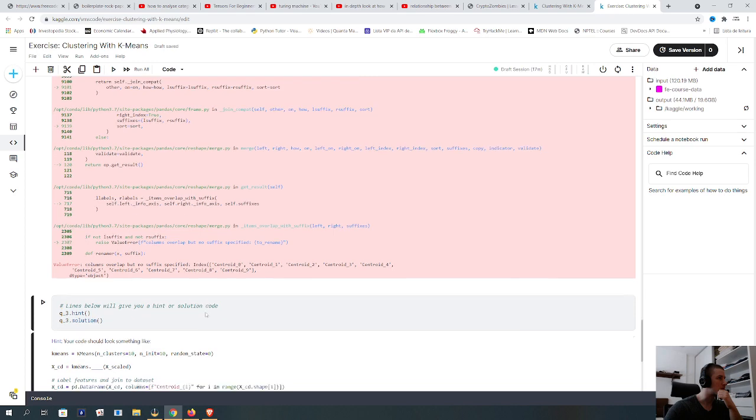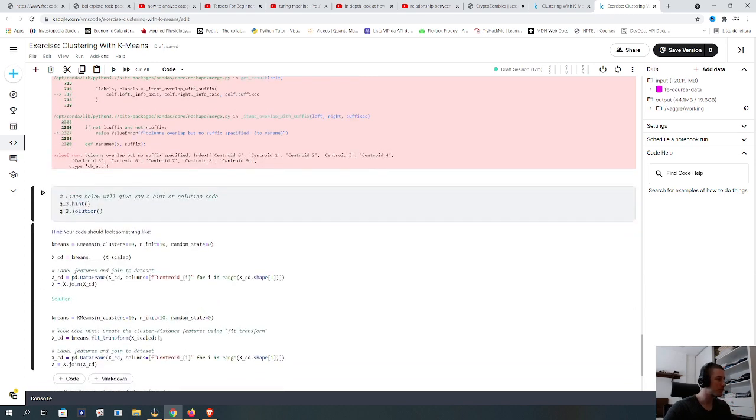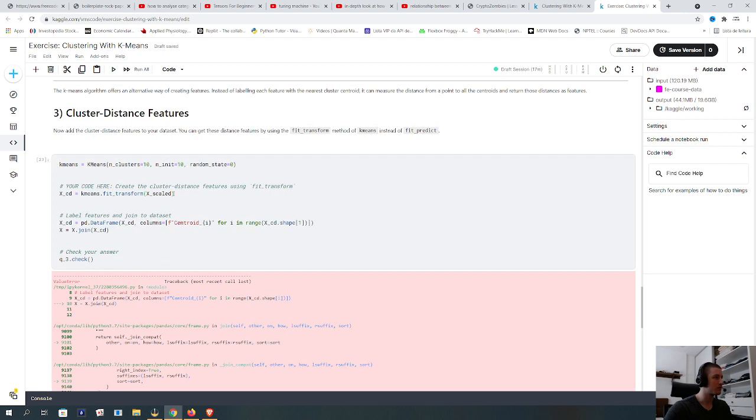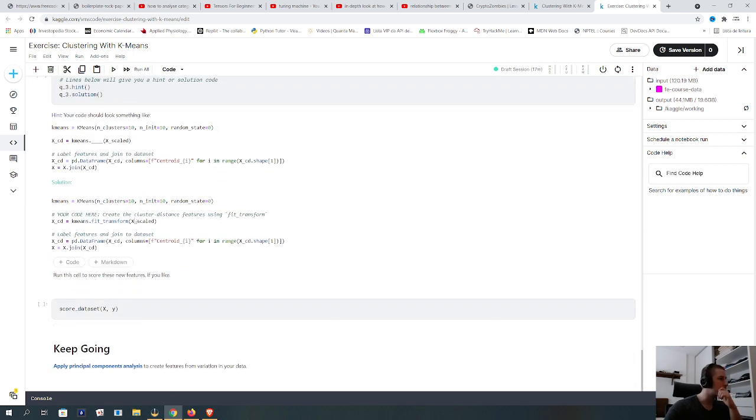Fit transform. What the heck? Maybe there's something that I'm missing here.